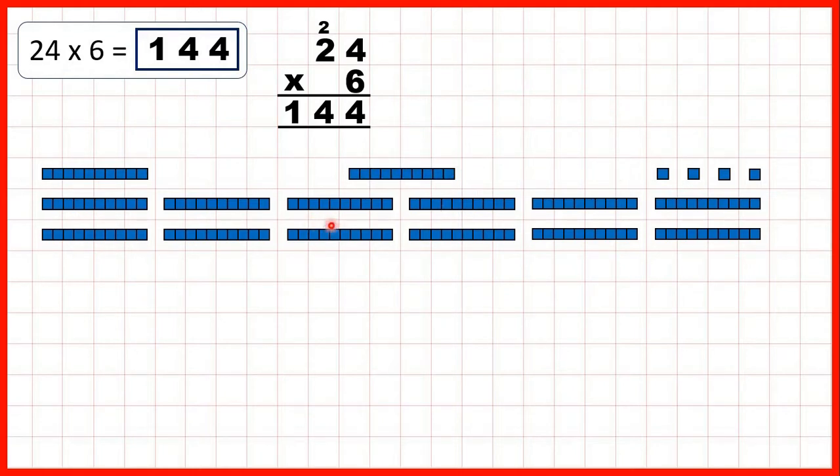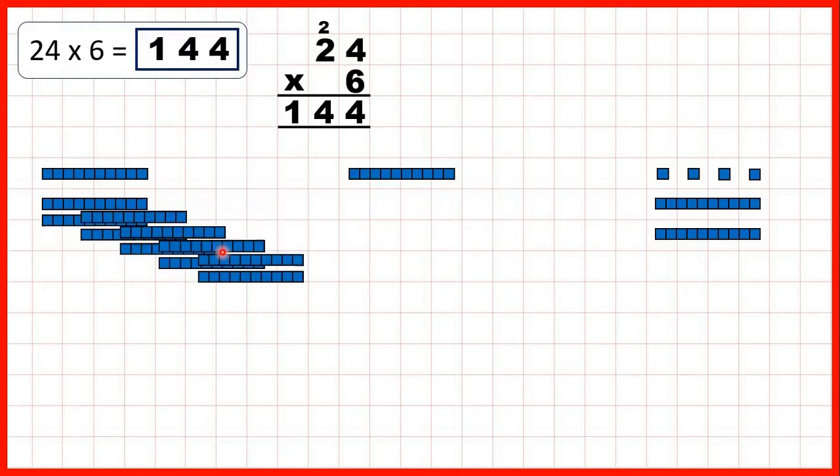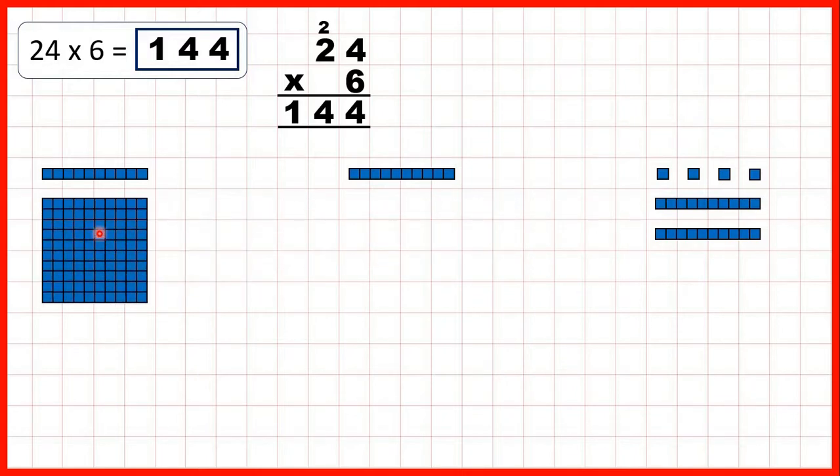We also know that when we have 10 tens, we can regroup those into 100. So now that we've regrouped, let's look at what we have. We have 100, we have 4 tens, and we have 4 ones.